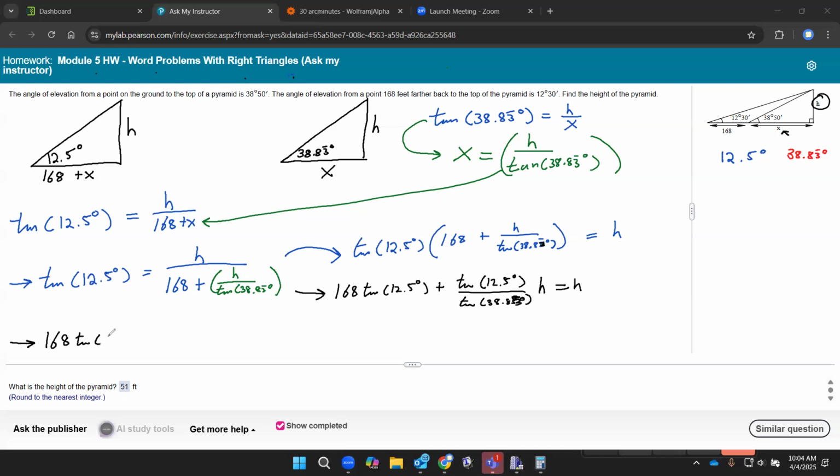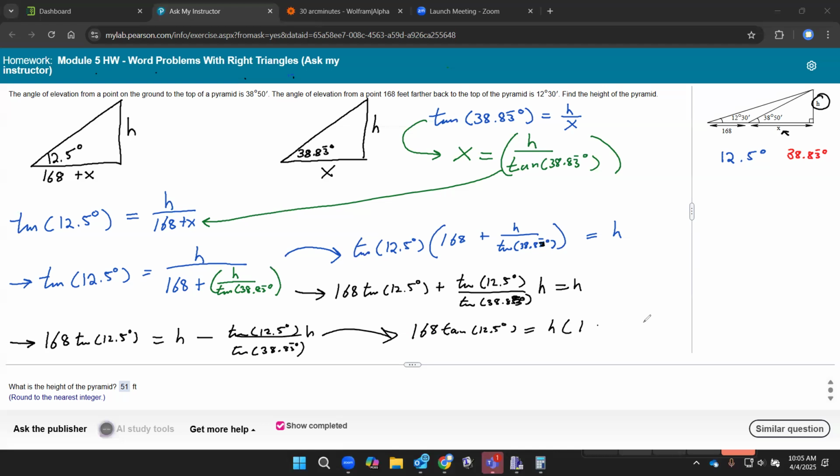So this would still be the tangent of 12.5 degrees, and this is going to equal h minus the tangent of 12.5 over the tangent of 38.83 repeating degrees, and that has h. And now we can factor out the h. So we get 168 tangent of 12.5 degrees equals h.